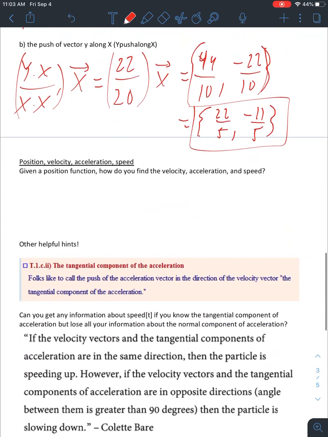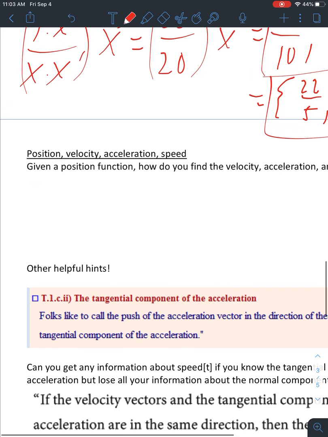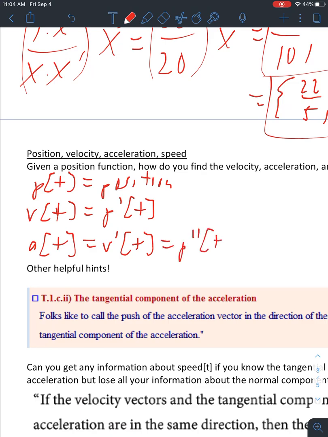All right, the last thing here, given position, how do you find the velocity, acceleration, and speed? So let's call our p of t function position. Velocity, remember from your calculus 1 course, is just a derivative. And acceleration is the derivative of velocity, or the second derivative of position.